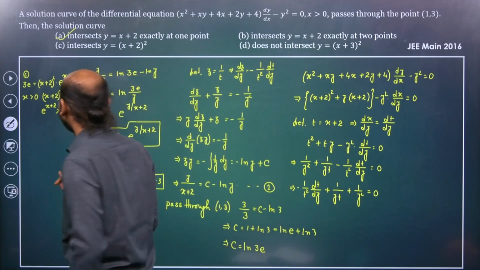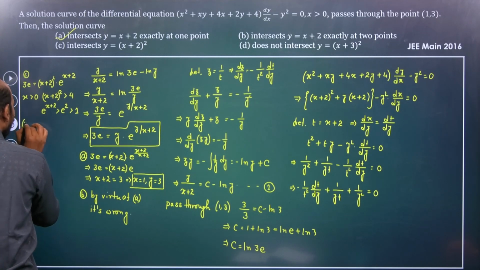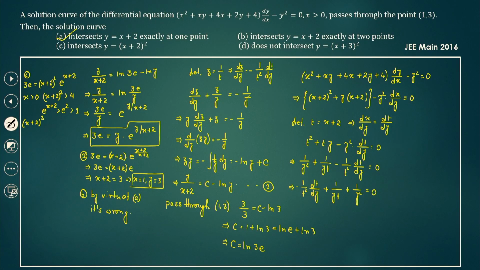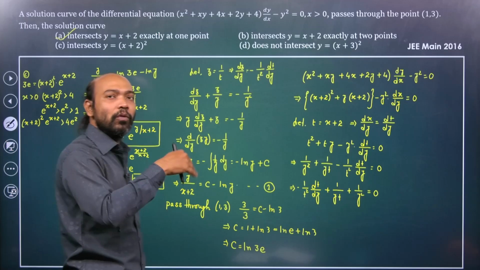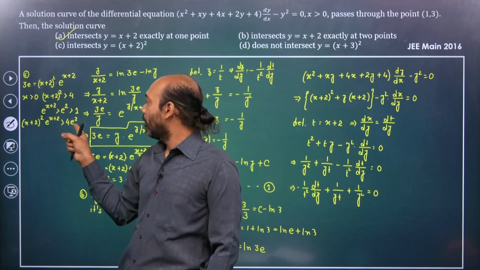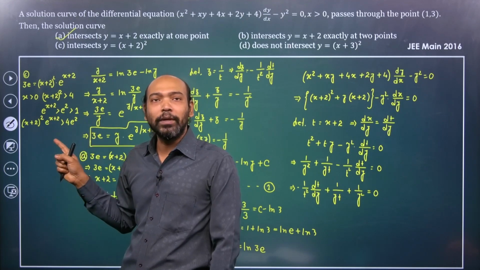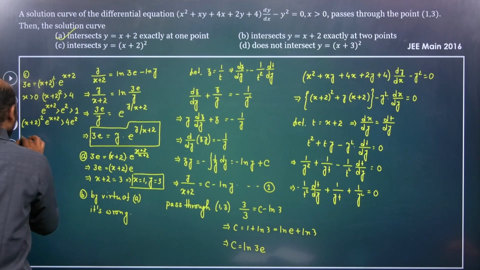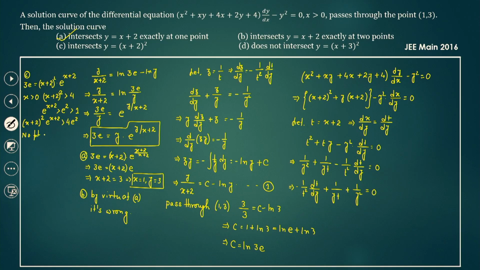So we can say that (x plus 2) whole square into e to the power x plus 2 is definitely greater than 4 times e square. As it is 4 times e square, the minimum value cannot be equal to 3 because 3 is actually less than 4e square. So therefore we'll say that in this case there is no point of intersection, for x greater than 0, obviously.